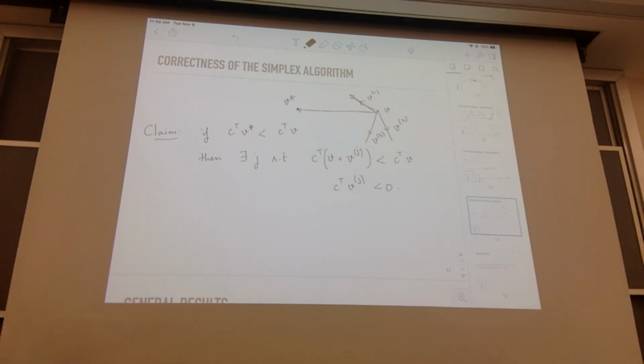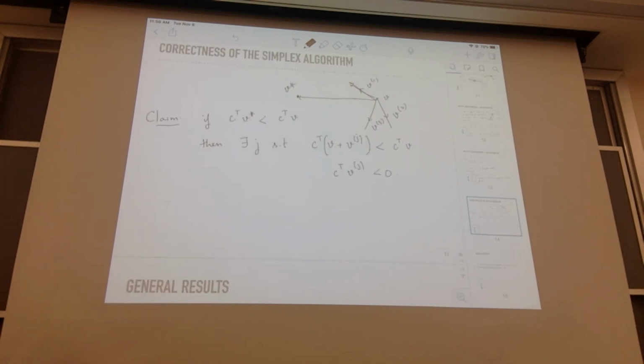So I will write the claim, and I will leave you guys to parse it. Let me write this as a theorem, and to prove the theorem, we'll use this claim.